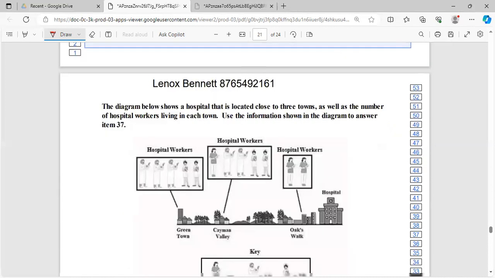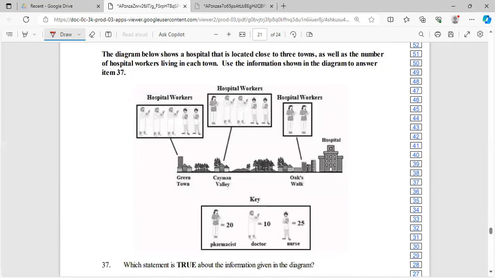The diagram below shows a hospital located close to 3 towns as well as the number of hospital workers living in each town. Use this information in the diagram to answer item 37. So we have the hospital workers. Alright, so you have Greentown, Cayman Valley, Oaks Valley. They give you what each represents. A pharmacist is equal to 20, doctor 10, and the nurse is 25.